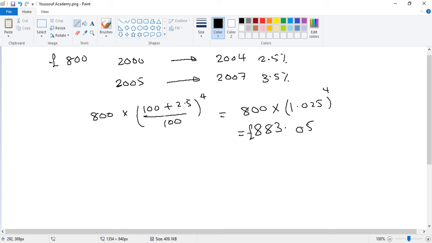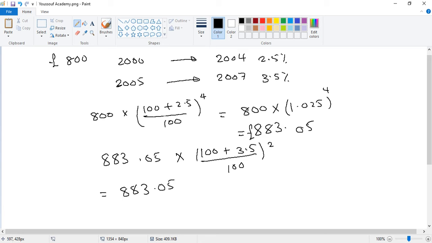After that the amount of money, 883.05, will be multiplied by (100 plus 3.5 over 100) to the power of 2. That is equal to 883.05 times 1.035 to the power of 2. So we use the calculator.